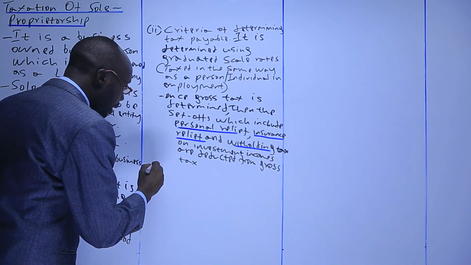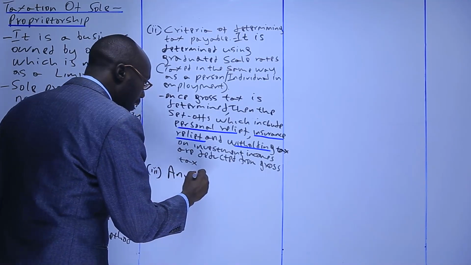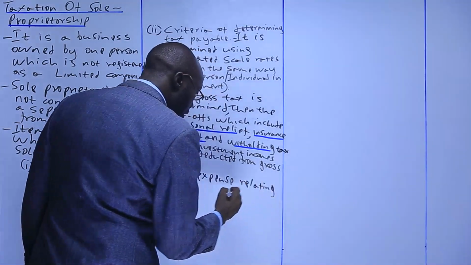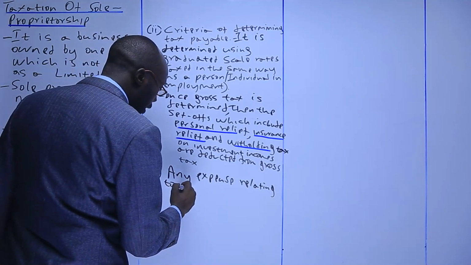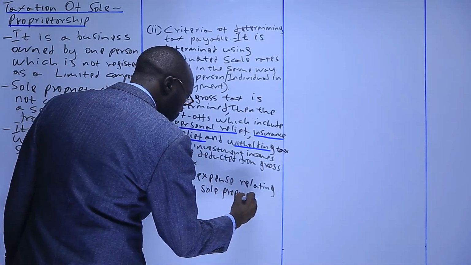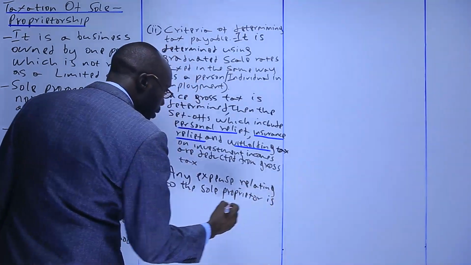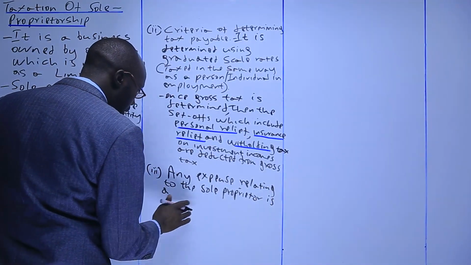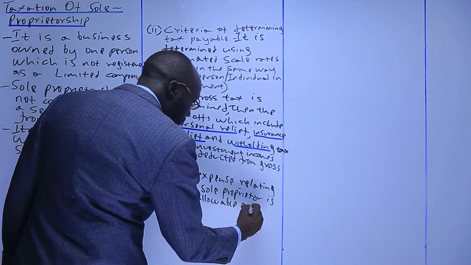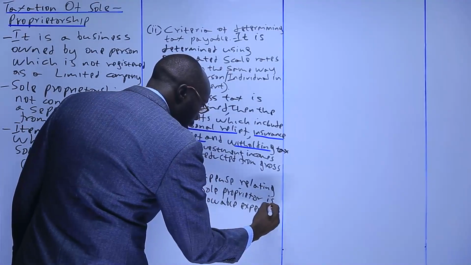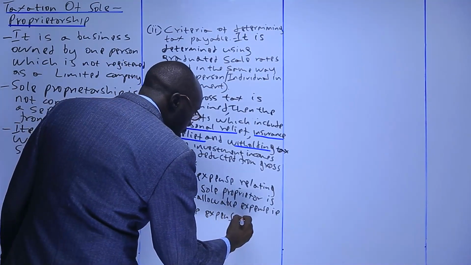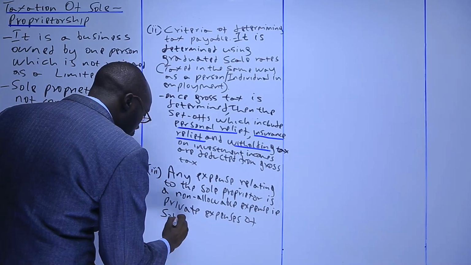The third one is that any expense relating to the sole proprietor is a non-allowable expense, i.e. private expenses of the sole proprietor.